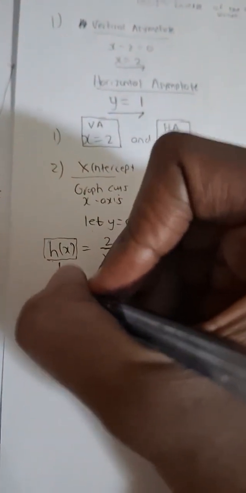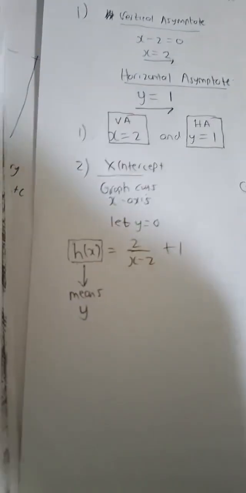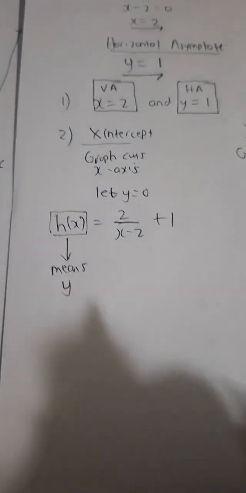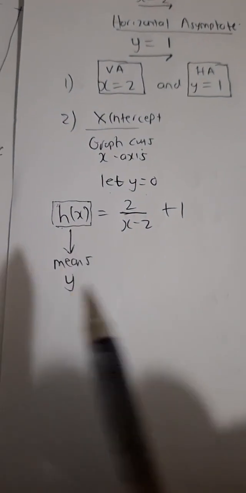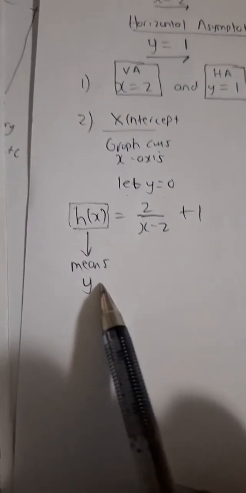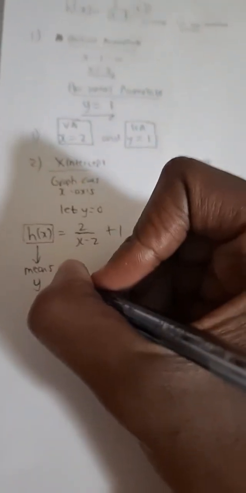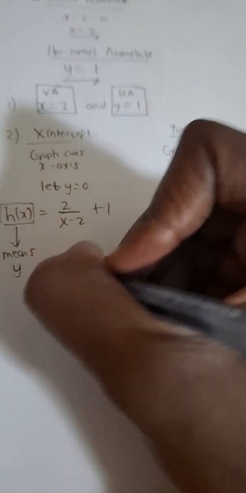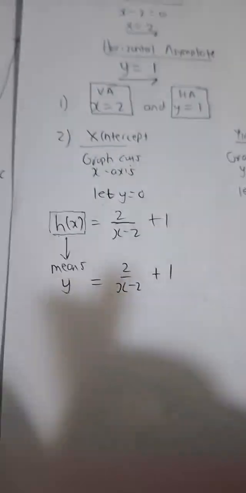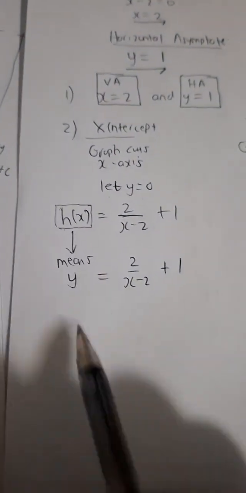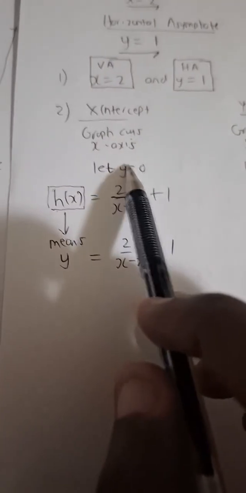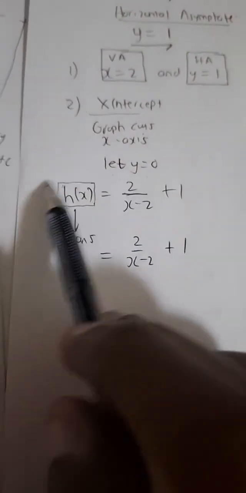This simply means y. Yes, all grades, 8, 9, 10, 11, 12. This means y, right? So that's why we can say y is equal to 2 over x minus 2 plus 1. When we want to work with it, we can definitely do that. Now, to let y be equal to 0 means in the place of y, which is h of x, we substitute 0. So 0 is equal to 2 over x minus 2 plus 1.